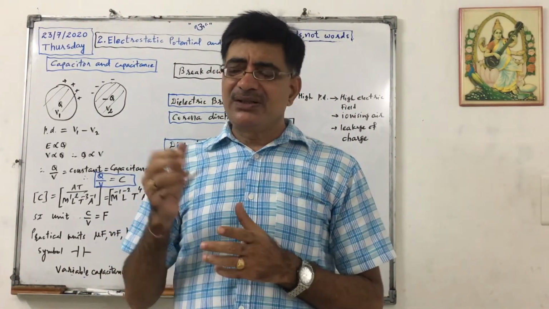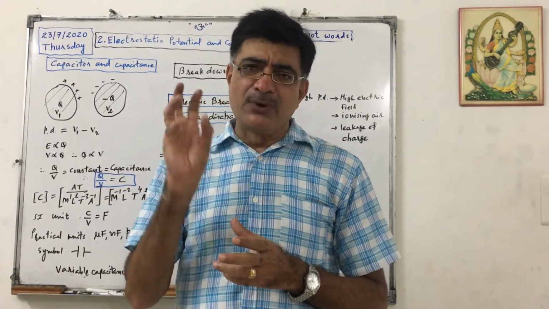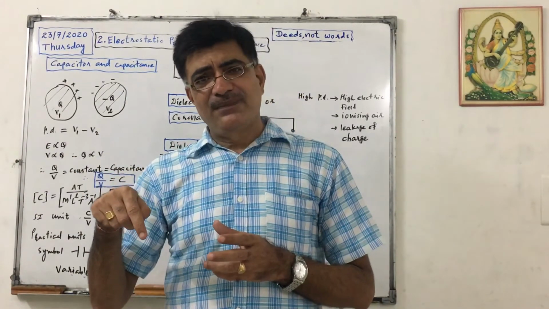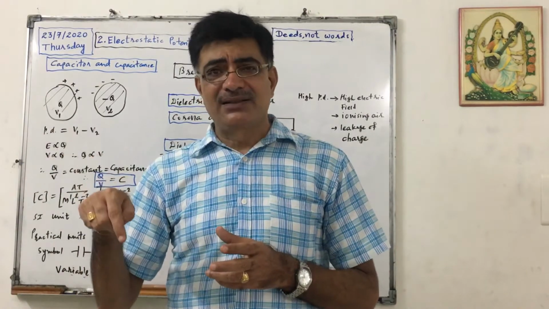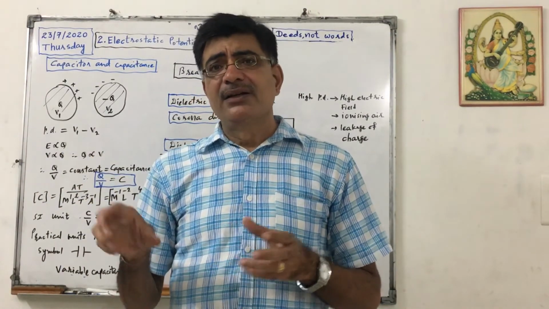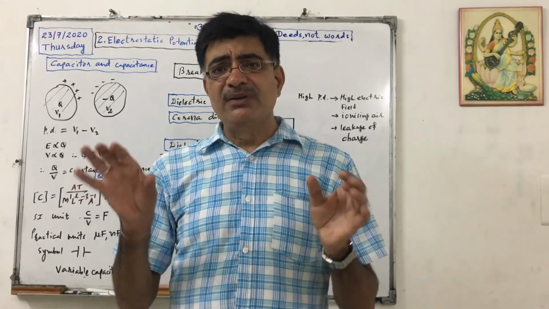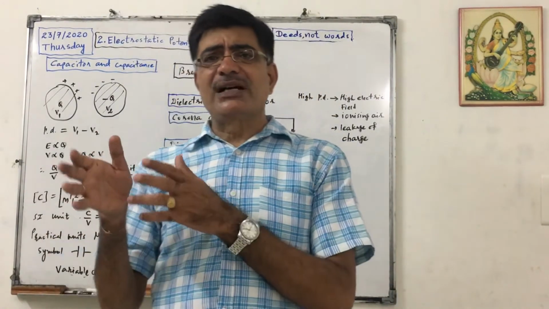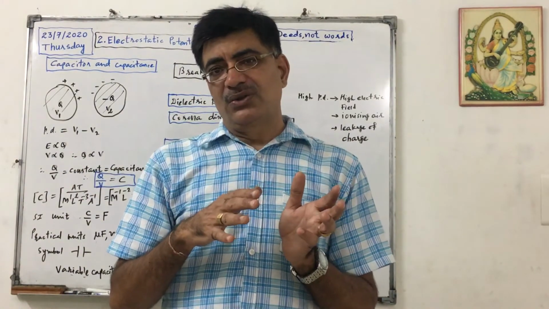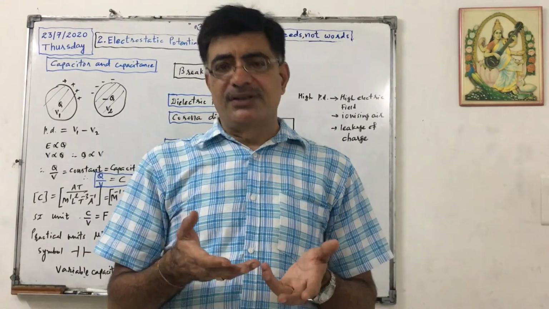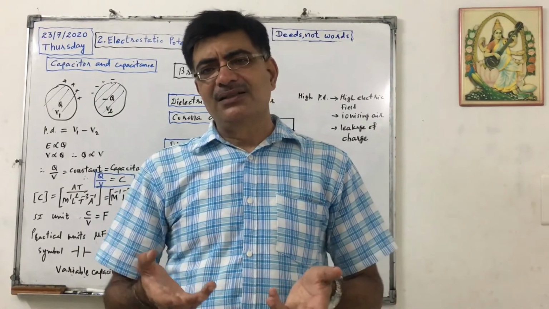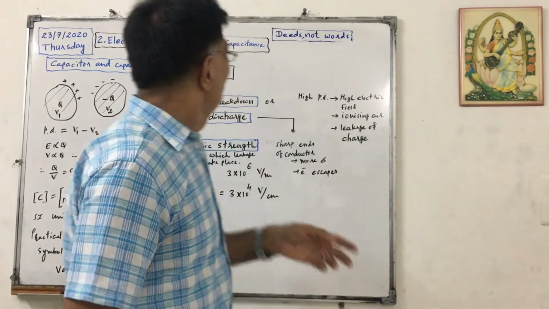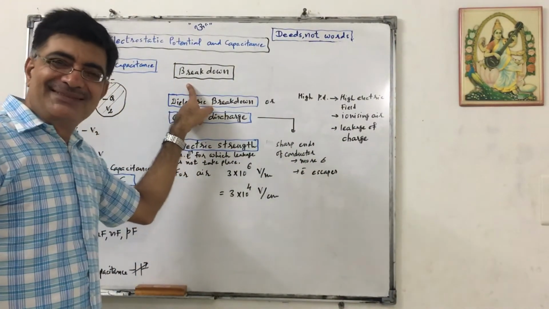The new charge that we have deposited on the conductor will be neutralized due to ionization of the air, and due to that the potential difference will again become weaker. So we can say some charge has leaked from one conductor to another. That leakage of charge is called breakdown.